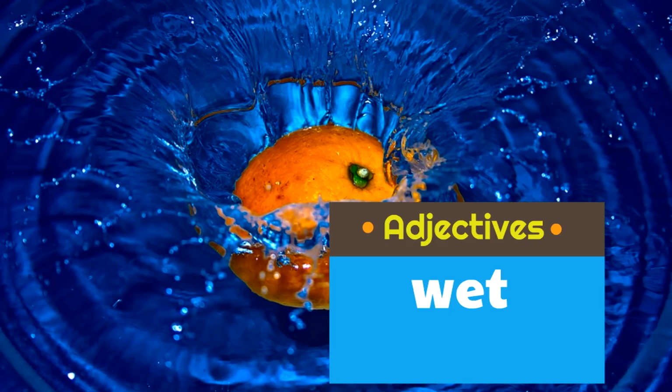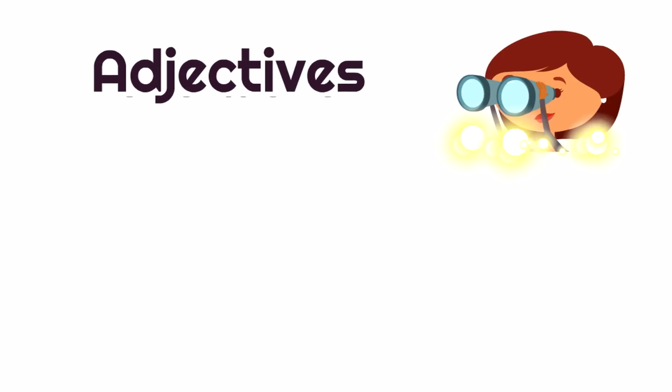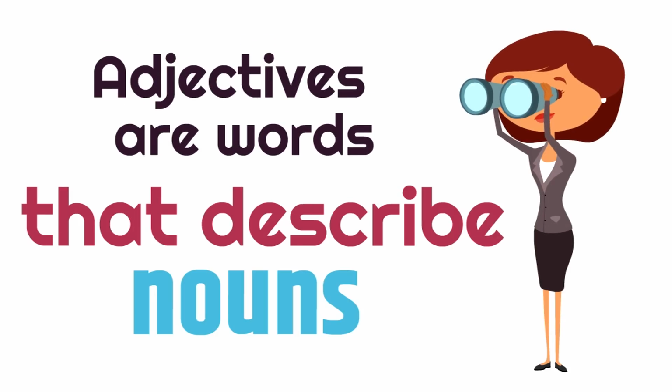That's an adjective we could use, right? What's another adjective we could use? Look at the color. What is the color of the water? Yeah, blue. Wet and blue are adjectives describing the water. Adjectives are words that describe nouns.